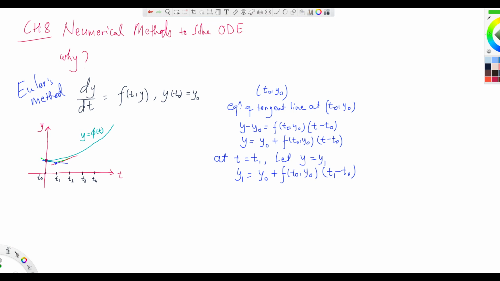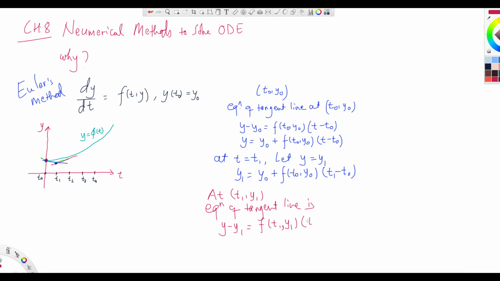Now we will approximate the tangent line at the point (t1, y1). We find the tangent line at the point (t1, y1). So the equation of that tangent line is y minus y1 equals f(t1, y1) times (t minus t1), because we are trying to find it at (t1, y1).